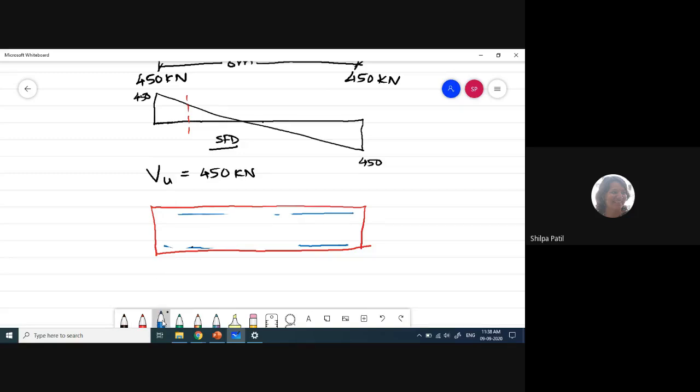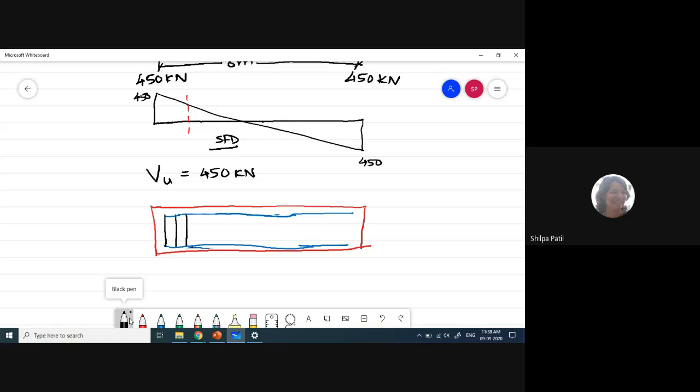So for the same beam, these are my main reinforcement in the top and bottom zone. As the shear force is maximum near the support, I have provided the stirrups closely spaced like this here.